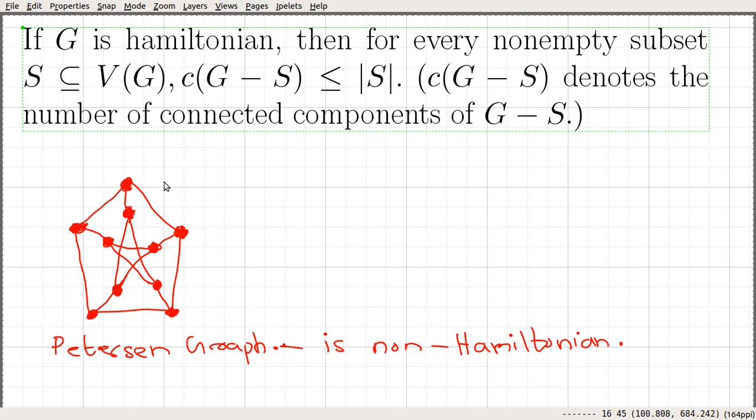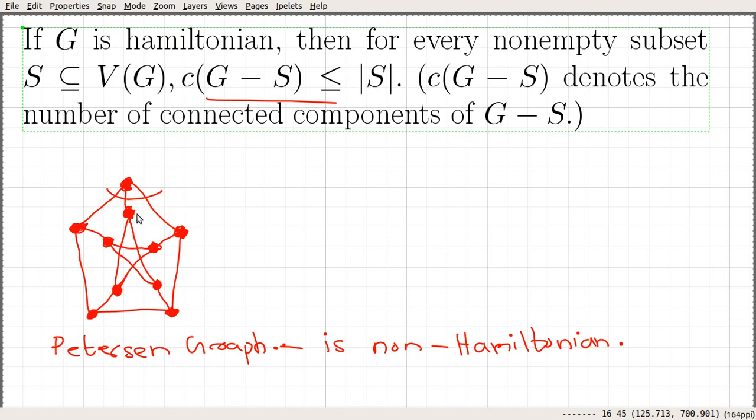Okay, so if you look into this graph, we can see that this graph always satisfies this condition. If you take any one element subset and remove that, we can see that the remaining graph is connected, so the number of connected components in that case will be 1 and the size of the set is 1.